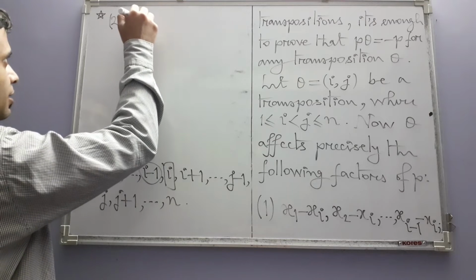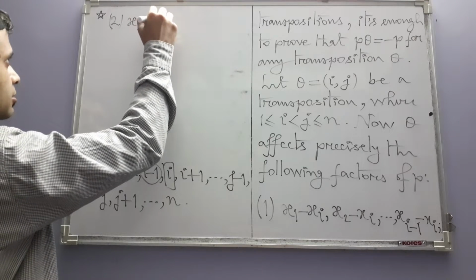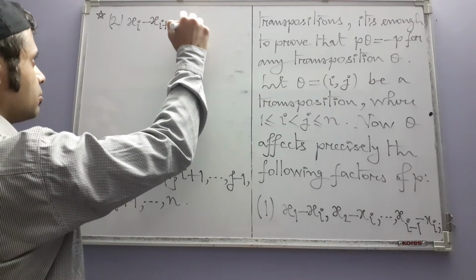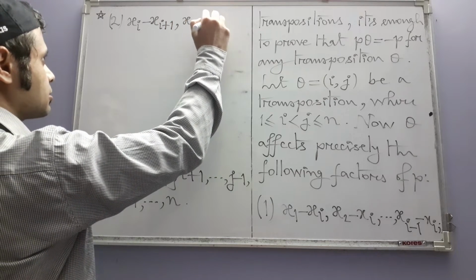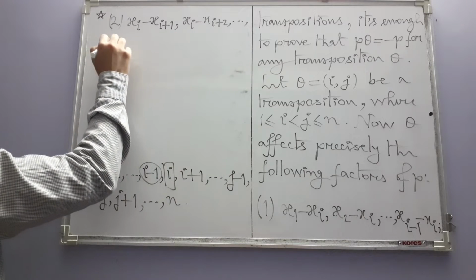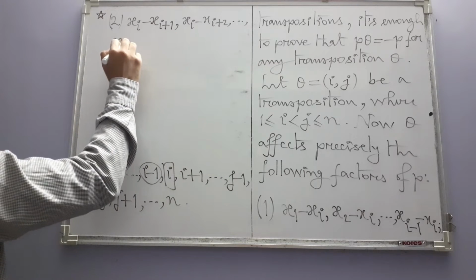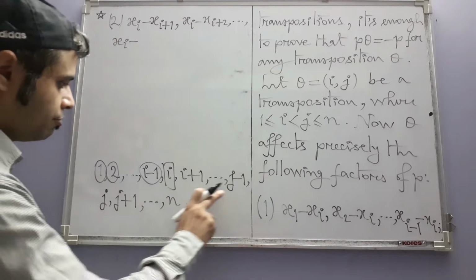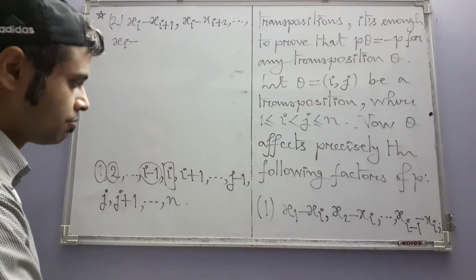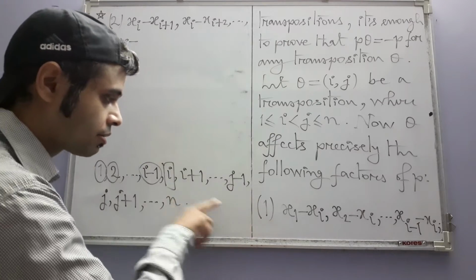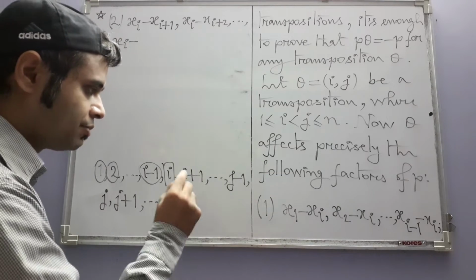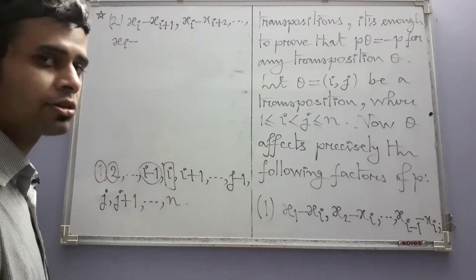So this time we start with xi minus xi plus 1, then xi minus xi plus 2, and so on, xi minus... When we reach this place, we have to be a little careful because what we said just now is that we are writing down those factors where the suffixes have just i but not j.